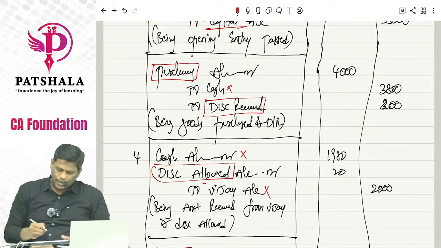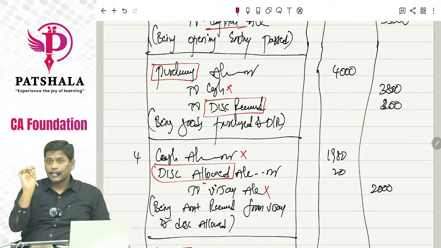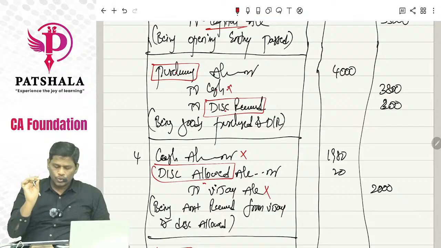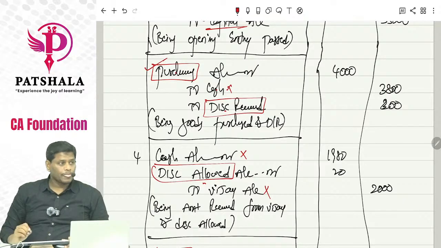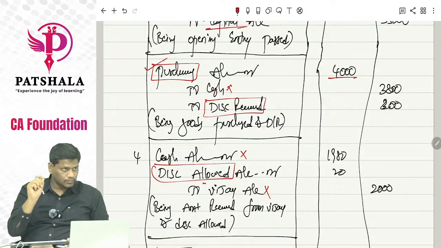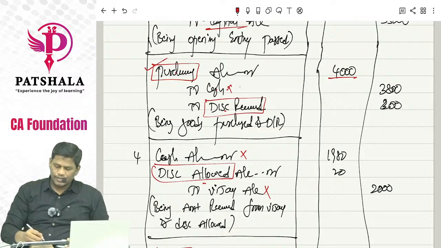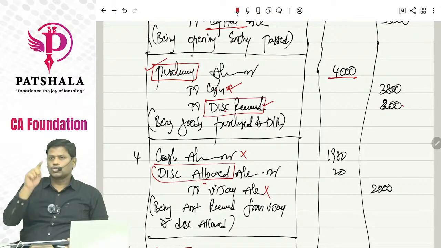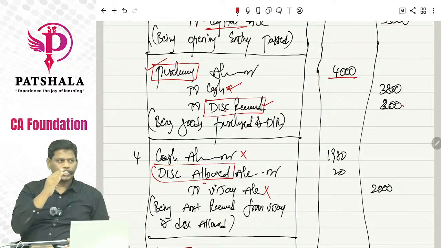Okay? See here, the entry is purchases to cash, to discount. Again I'm repeating, be careful. Which account is debited? How much? So you have to go to purchase account and you have to debit. In that debit we give a reference of cash 3,800, discount received 200. Clear? So in purchase account, to cash, to discount. Clear?